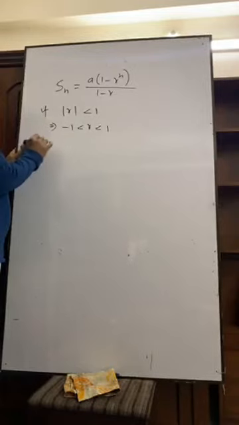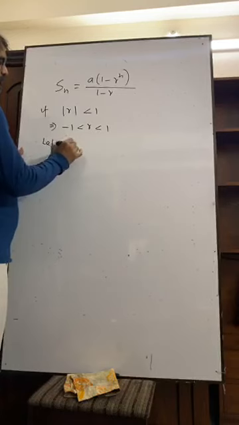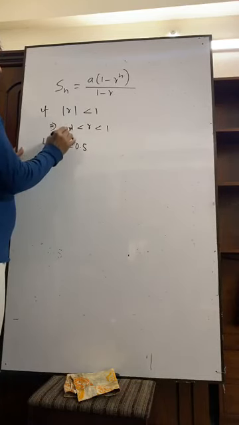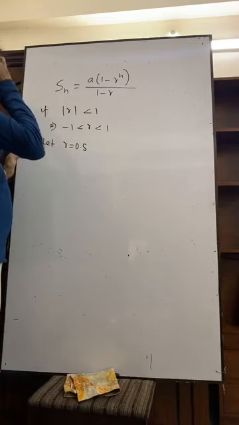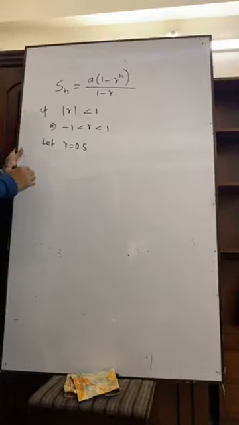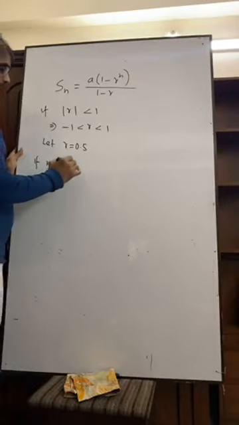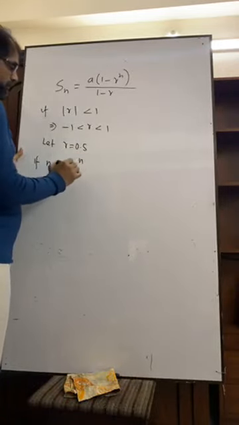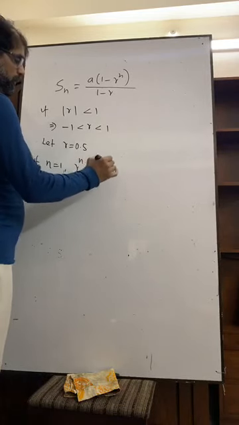Let r equal 0.5, which lies between minus 1 and 1. Okay? If n equals 1, r to the power n, that means 0.5 whole to the power 1.